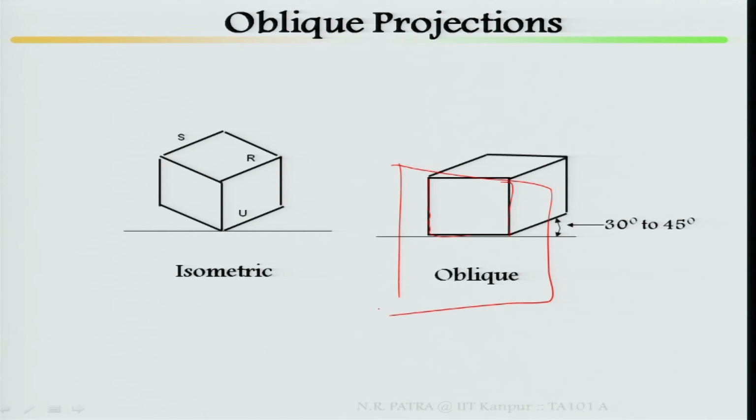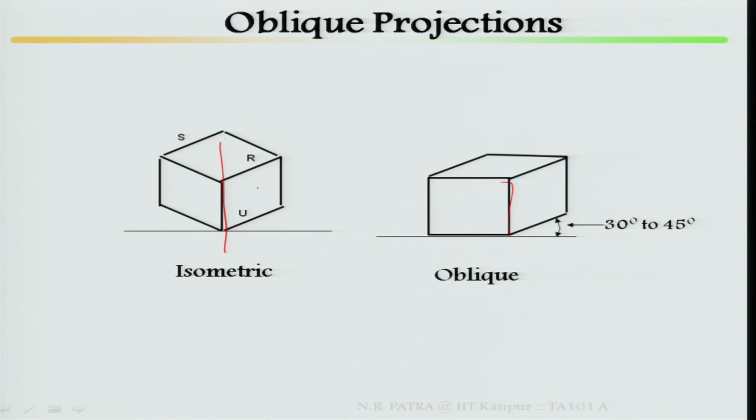In depth directions it makes an angle of 30 degree to 45 degree, but the isometric is rotated with respect to the vertical axis 45 degree, then tilted or rotated with respect to your side view, and then you can see all the sides.